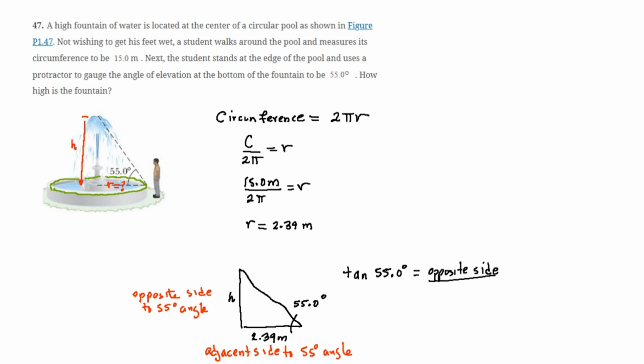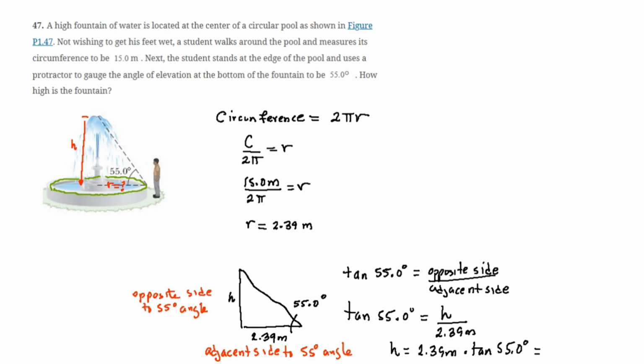The tangent of 55.0 degrees is the opposite side over the adjacent side, so h over 2.39 meters. If I want to calculate h, h is 2.39 meters times the tangent of 55.0 degrees. And with that, we will be able to calculate the value of h.